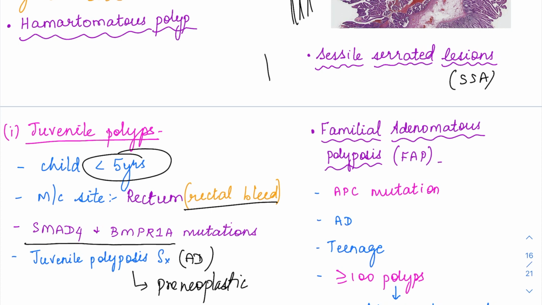So, here in sessile serrated lesions, you are going to have this serrated kind of an architecture only, but the serrations are going to involve the entire length, rather than in hyperplastic, where it's not going to be present on the entire length. Serrations are going to involve the entire length, and it is involving the crypt also.